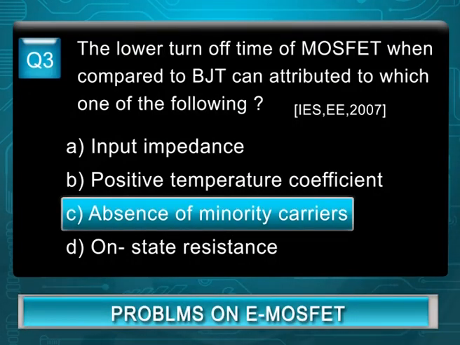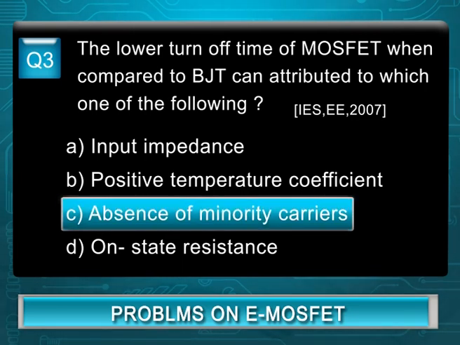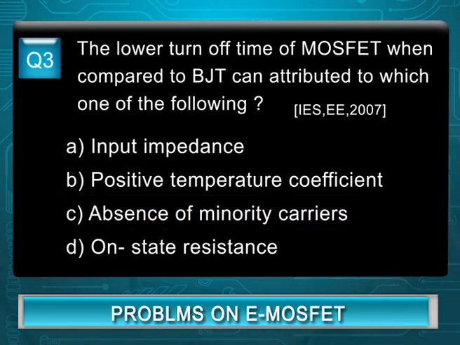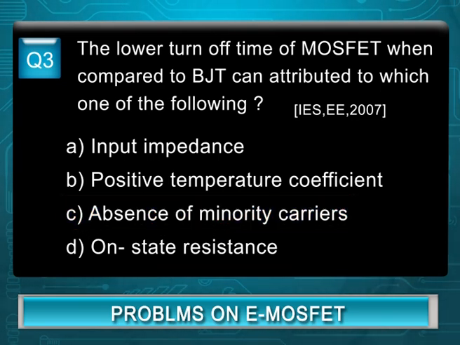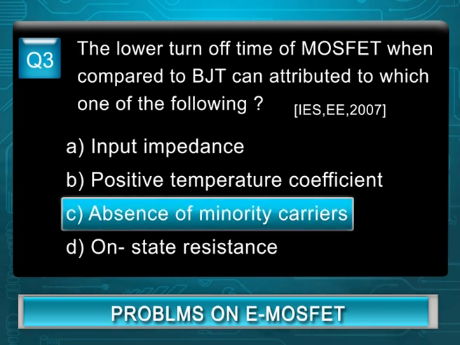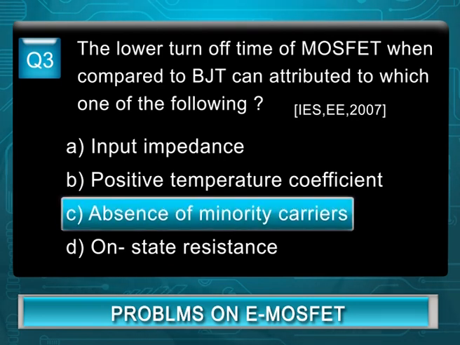Can you see the option there? Option is C. Let me read for you once again. Options: A. Input impedance, B. Positive temperature coefficient, C. Absence of minority carriers. So there is no minority carriers, that's why option C is correct.